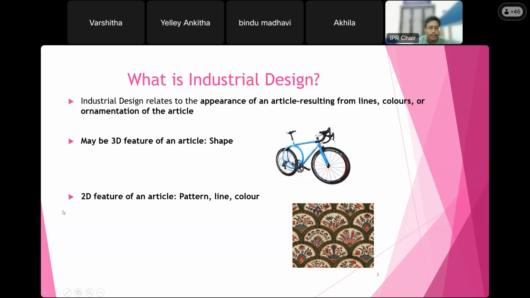For example, if an article has 2D features, it will protect pattern, line, and color. You can see 2D features are like this, and 3D features are like this. Only the appearance of an article will be protected through industrial design.